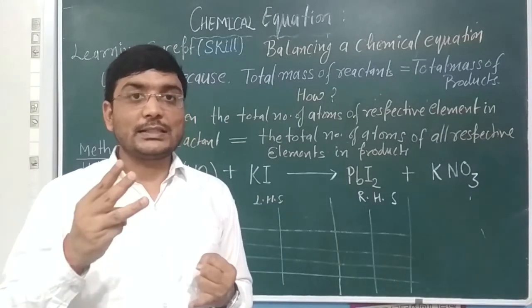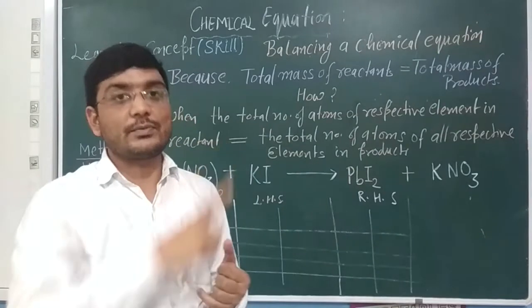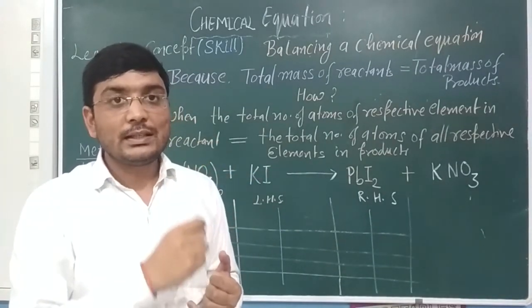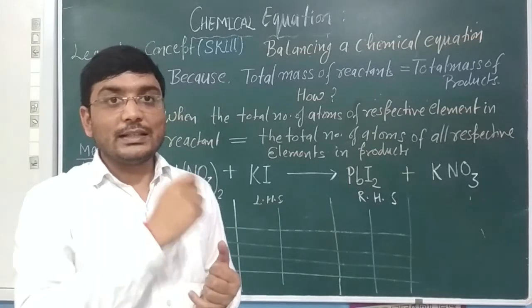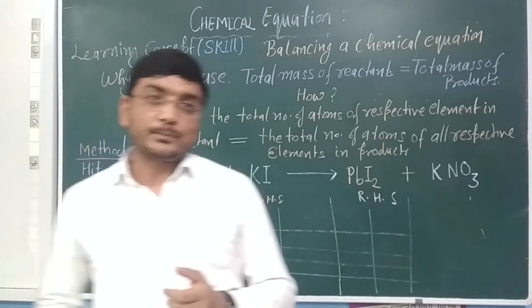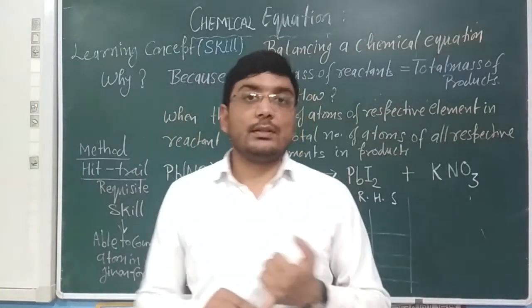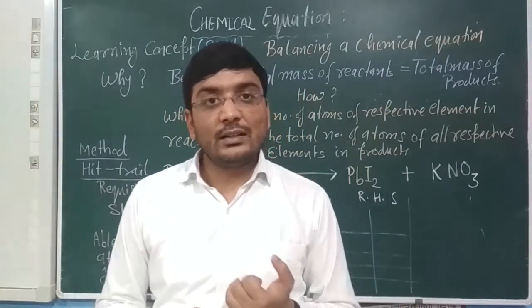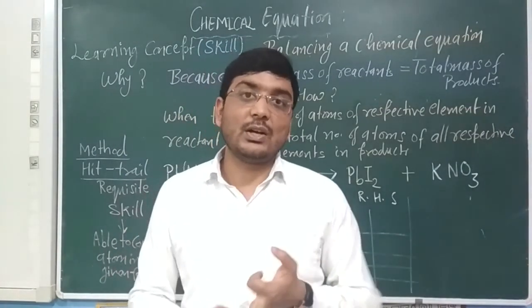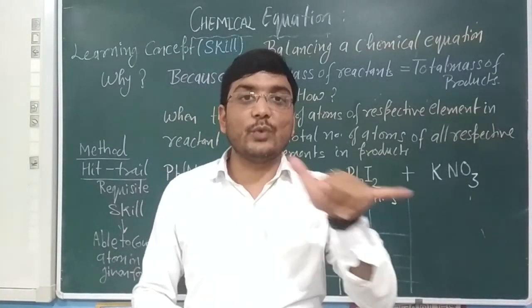Remember, three methods I taught you. First, in the form of a sentence. Second, in the form of a word equation. And third, in the form of a chemical equation, where we are using chemical compound formulas, symbols of elements, and the symbol of a plus sign and one arrow sign.